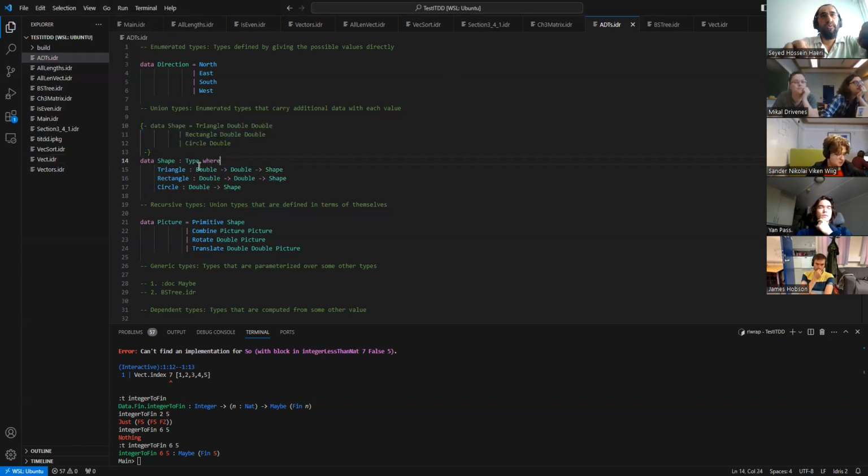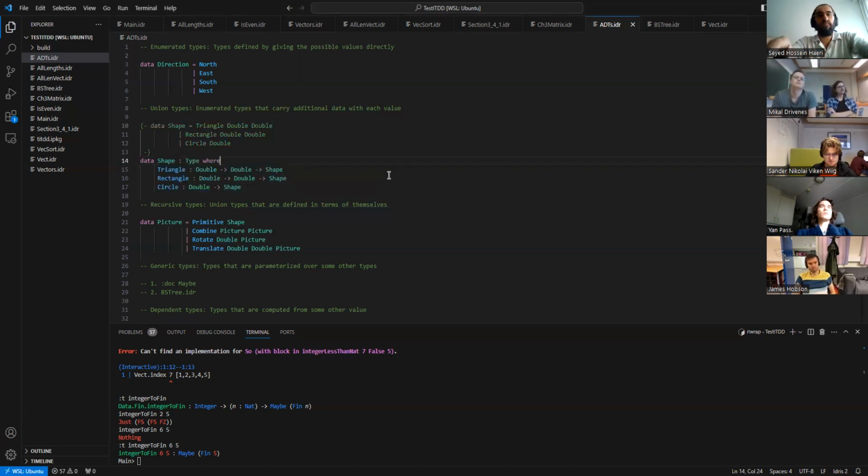Now, you can produce the same ADT using this alternative syntax, which is more verbose, but it's used because it can help with certain things that the previous notation couldn't, and we're going to see some of that.